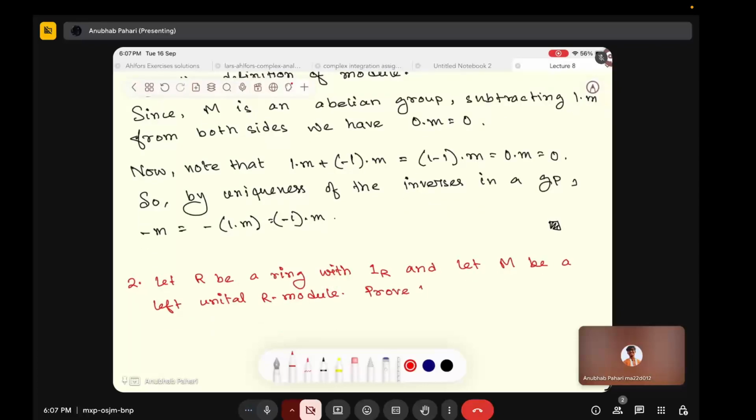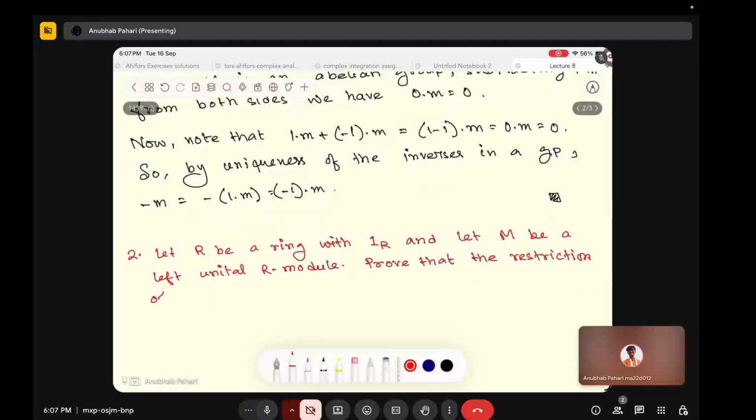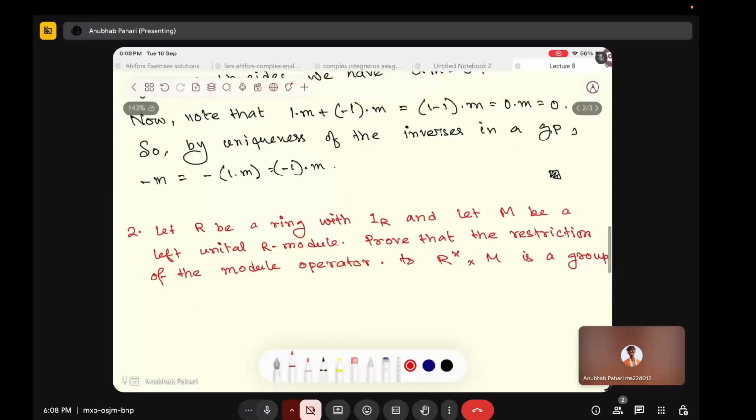Prove that the restriction of the module operator dot, that is scalar multiplication, to R cross, that means the set of units in R, is a group action on M.